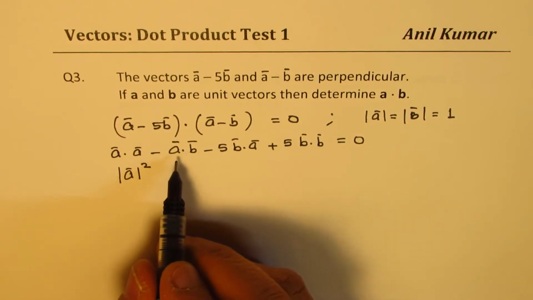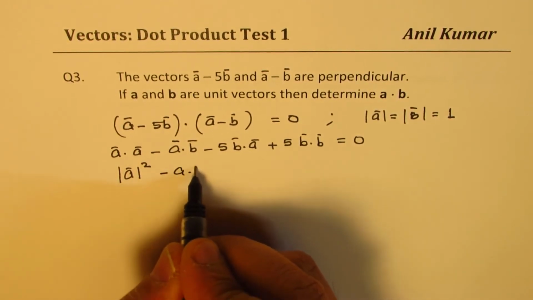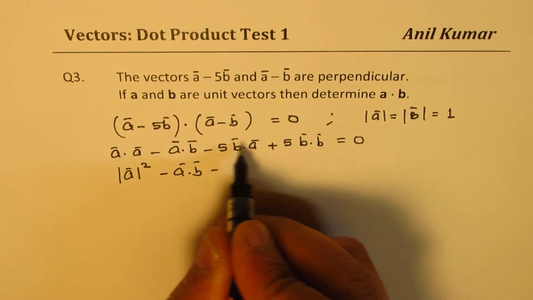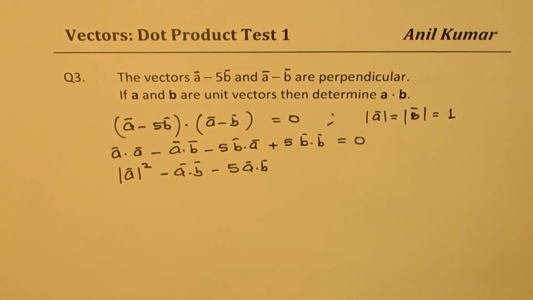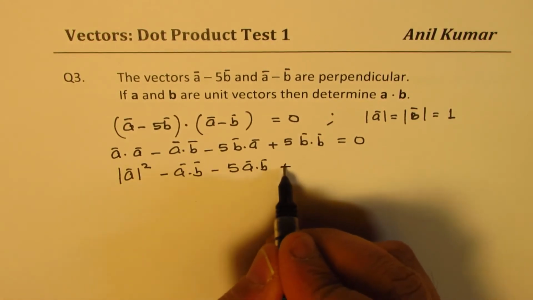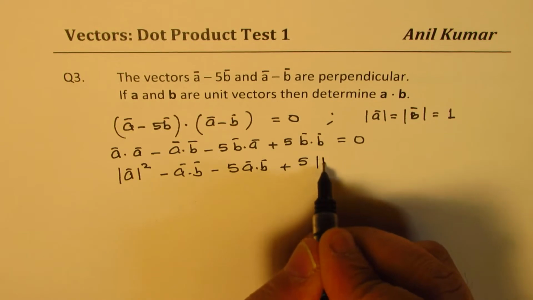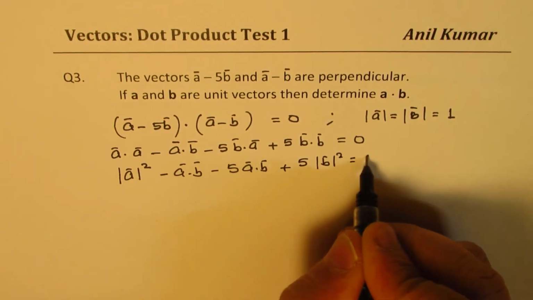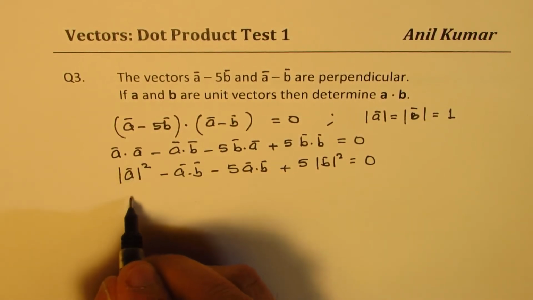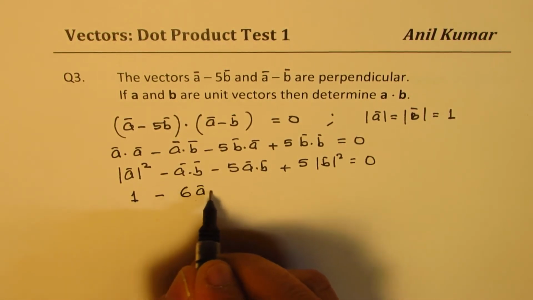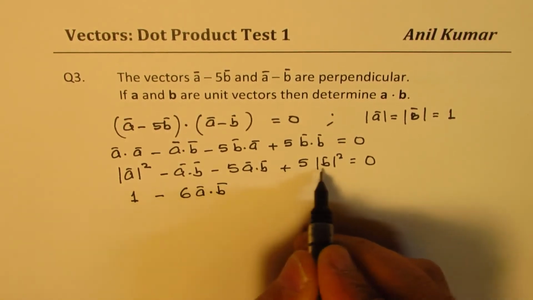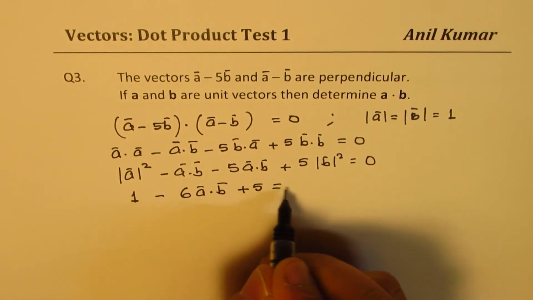A dot b we need to find, so let's just keep it like this. Minus, this could be written as 5 a dot b. It's a scalar quantity. A dot b is equal to b dot a. And here b dot b is magnitude of 5b square. So what we get here is 1, and this is minus 6 a dot b. And here we get plus 5 equals 0.